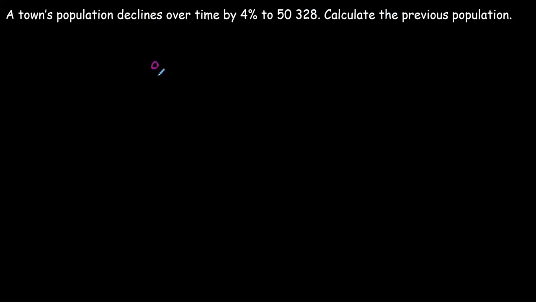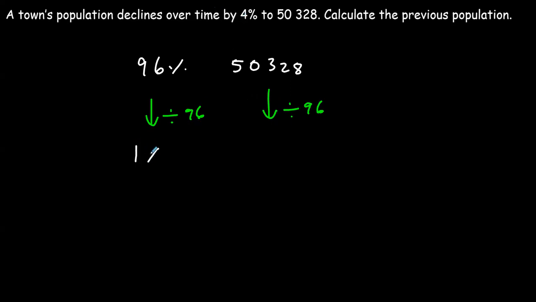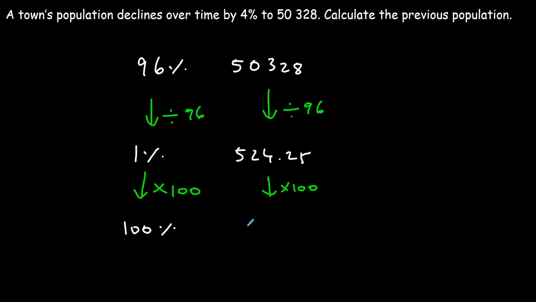So this would be 96%. So 1% would be 524.25. And then 100% would be 52,425.